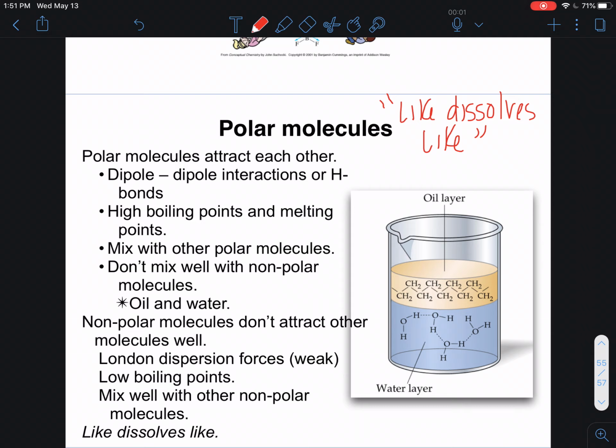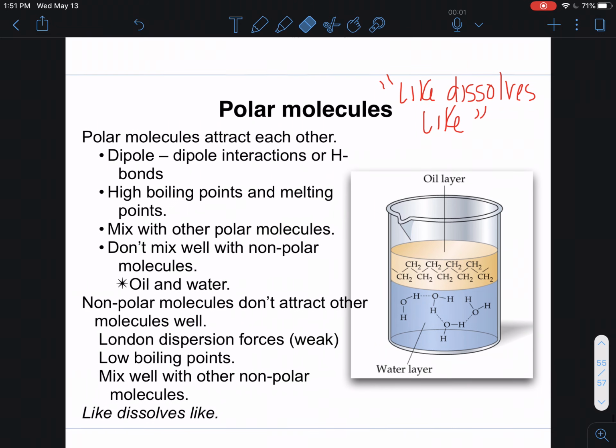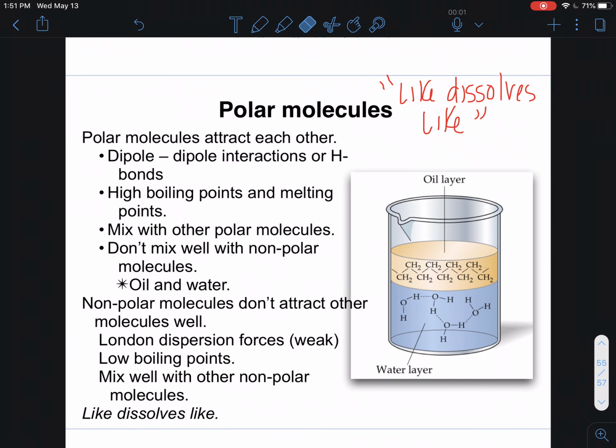So if you have two substances and you put them together, one is nonpolar, the other is polar. So for example, oil is nonpolar, water is polar, and since these substances have a difference in polarity, they do not mix, okay? So things that have similar polarities do mix.